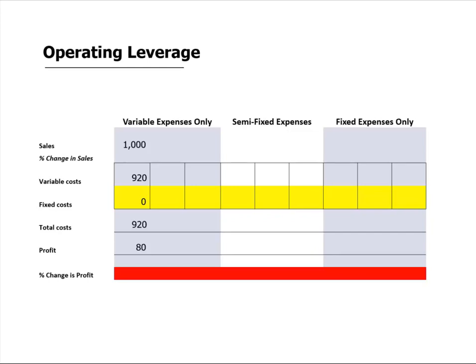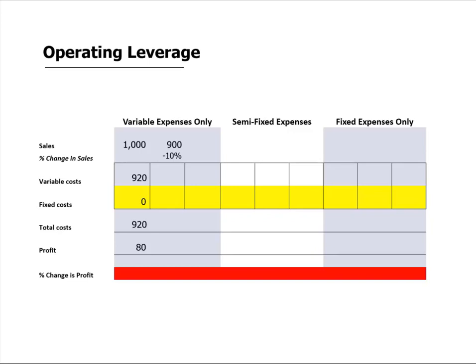Now, what if you have set yourself a sales target to achieve this 1,000 rands worth of sales? And what if you miss your sales target by 10%? For whatever reason, market conditions, one of your salespeople is ill, they don't make their sales target, and as a result, we only sold 900.